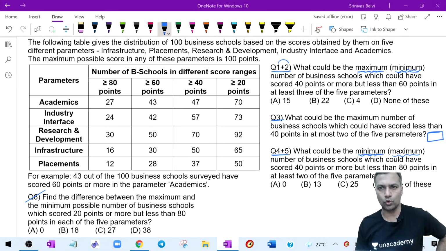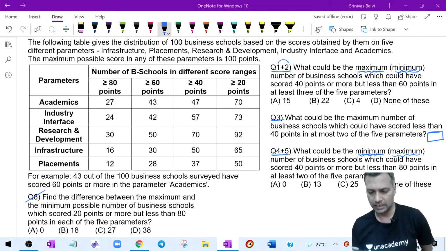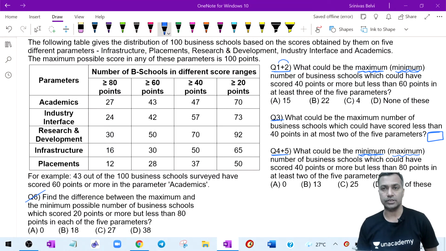Someone named Gauli is asking: I am starting my DILR now, where should I start, with the basics? There must be so many basics lectures. There are a lot of educators on the platform, and some of them might have done quite a bit of basics. I have not done basics; basics I will be doing for CAT 22. I'm not saying that for every set I'm giving the basics. We are doing only the impactful topics. The traditional topics I have not touched.